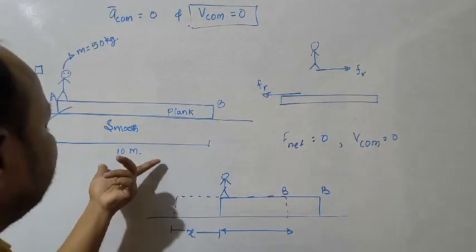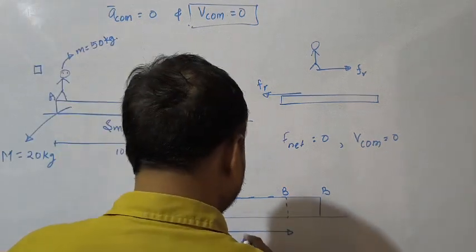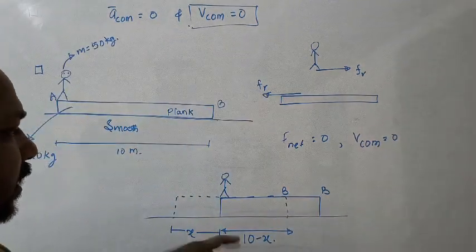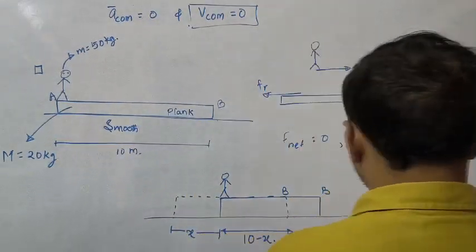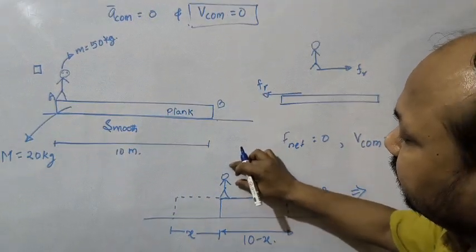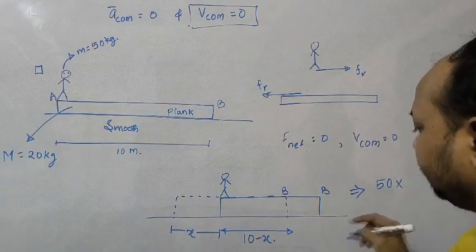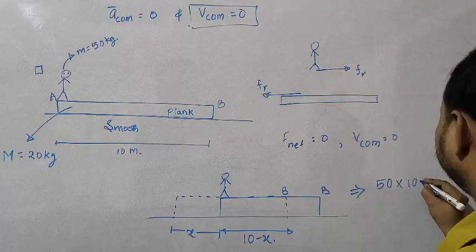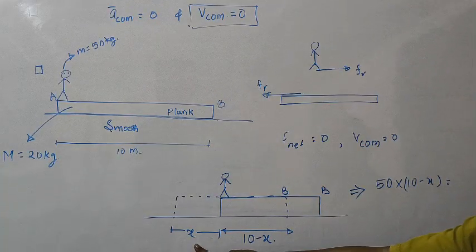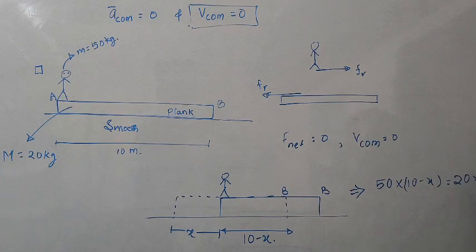The total length was 10 meters, so this distance can be written as 10 minus x. So if VCM is 0, with the man's mass small m, 50 into (10 minus x) can be written as the mass of the plank, 20, into x.